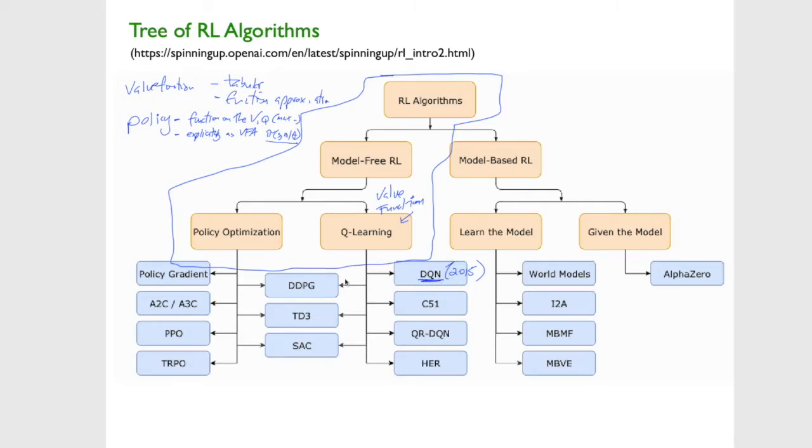So the other major branch of deep RL algorithms is to use this policy optimization approach and use neural networks in some way to represent the policy and then optimize that. And then there's lots of newer algorithms also coming out, and it continues ongoing. This tree is from 2018, so things have happened even since then, where they try to do both and use the representation of the policy and the value function.